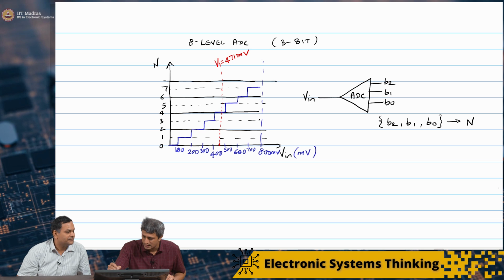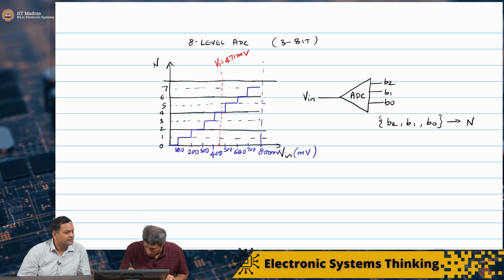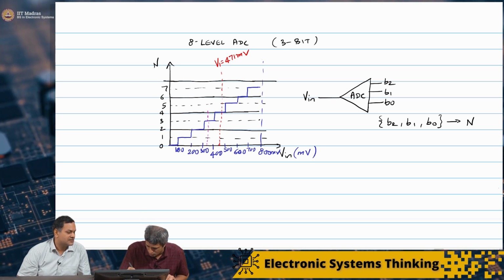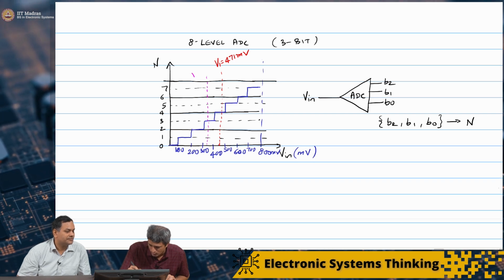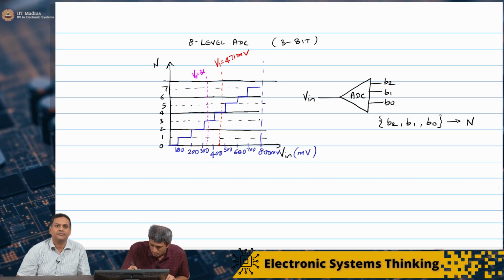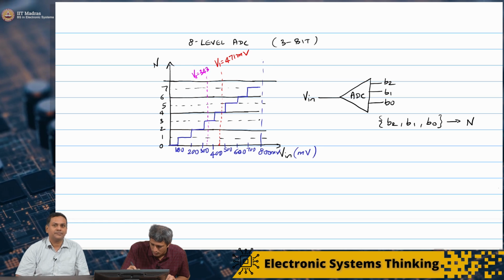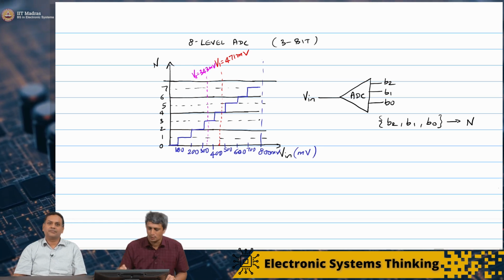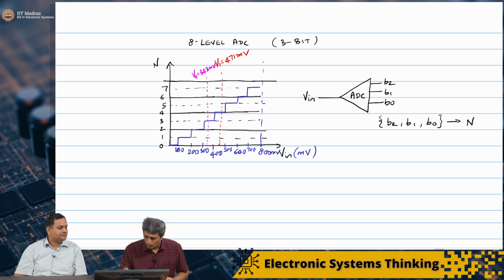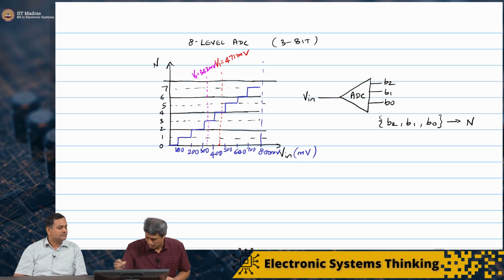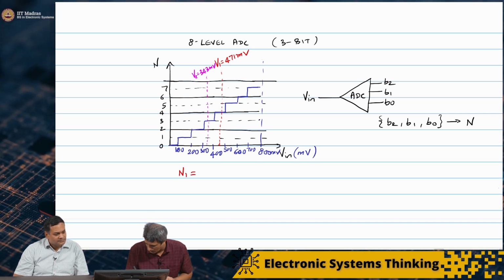And then the magenta is 343, somewhere here, V2, 343 millivolt.